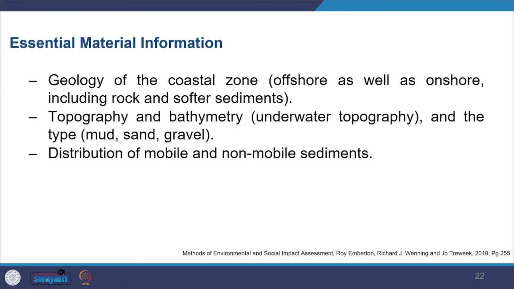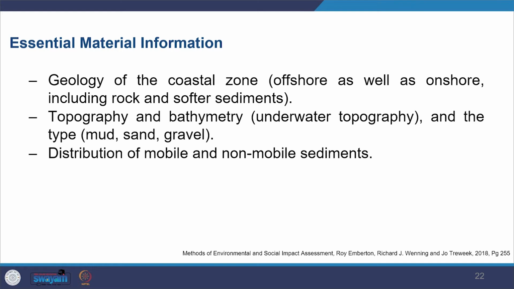The other is the material information. The important material information which you require for EIA purposes is the geology of the coastal zone. You look at the geology offshore and onshore, how the rock is, and how the softer sediments are.